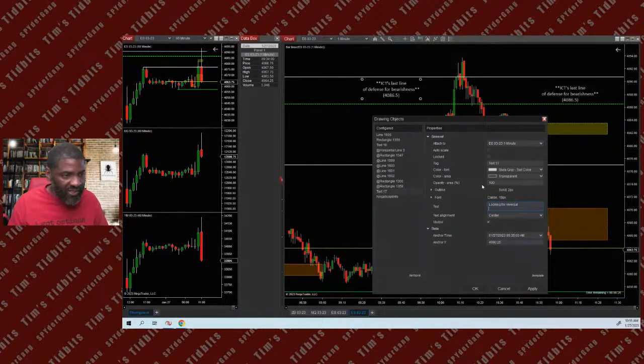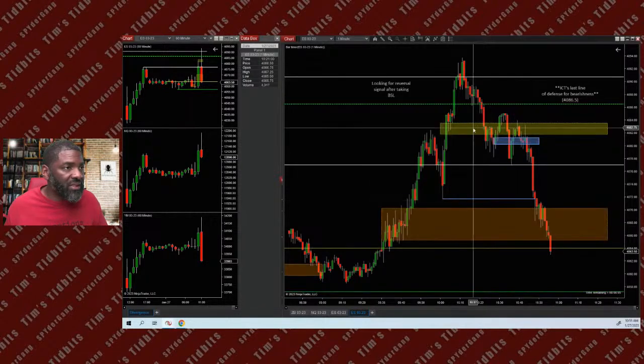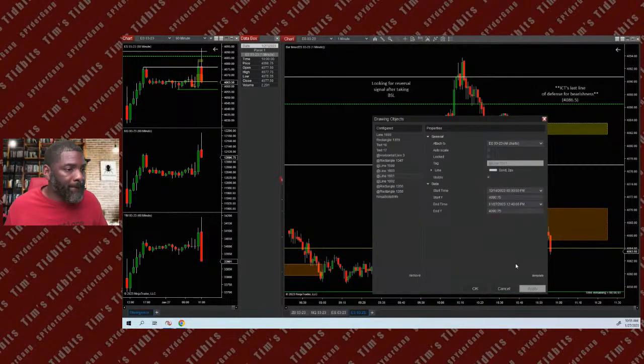Excuse my spelling if I don't spell stuff right. Signal after taking buy side liquidity at, what's that buy side? 49 to 75.